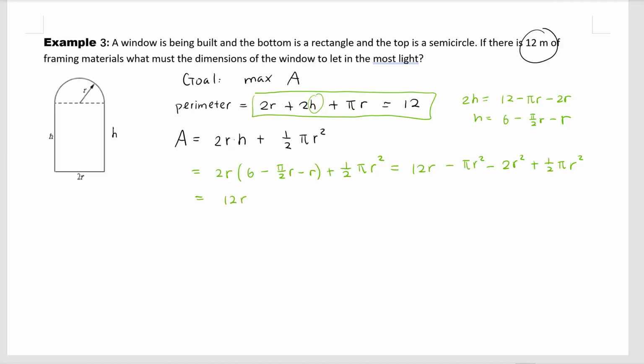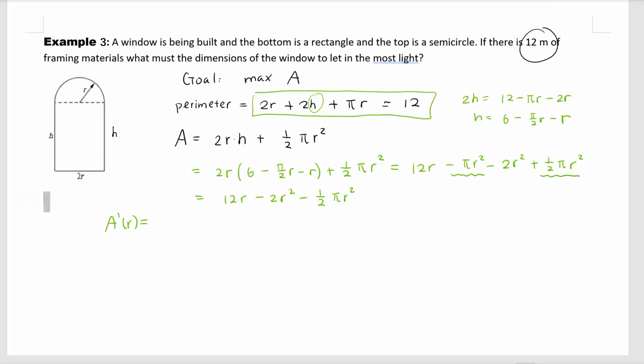So we have 12r and we have minus 2r squared. But you can see we have minus pi r squared and plus half pi r squared. When we combine them, we get negative half pi r squared. So that is our A, and it is a function of one variable. So we're ready to differentiate.